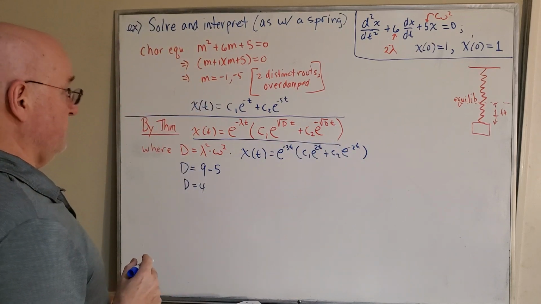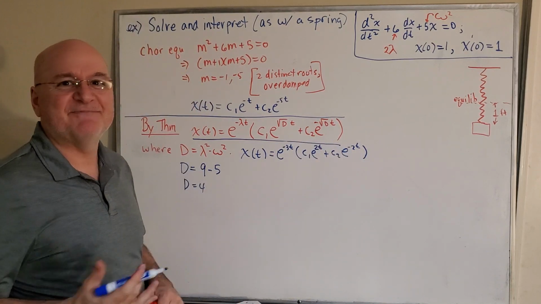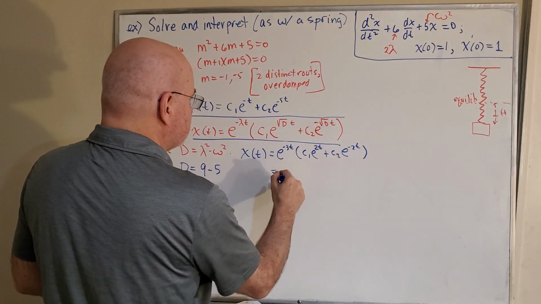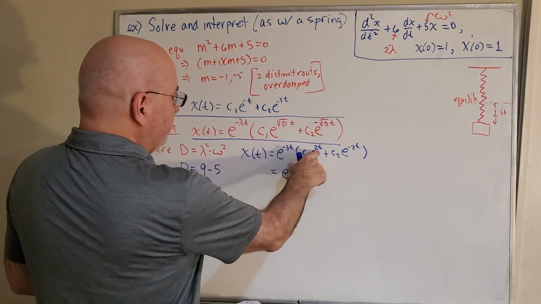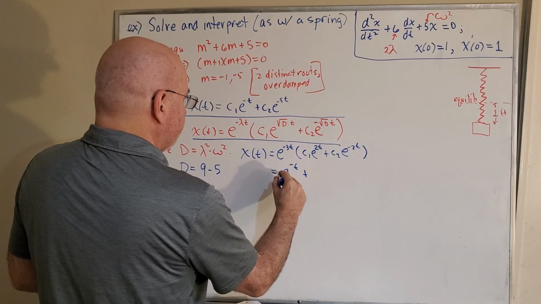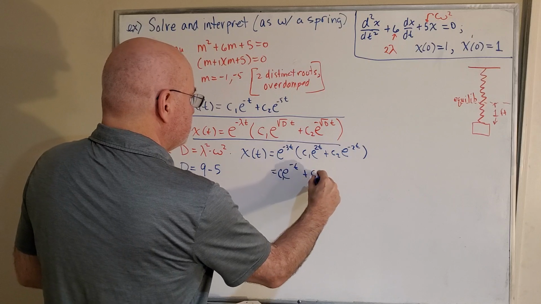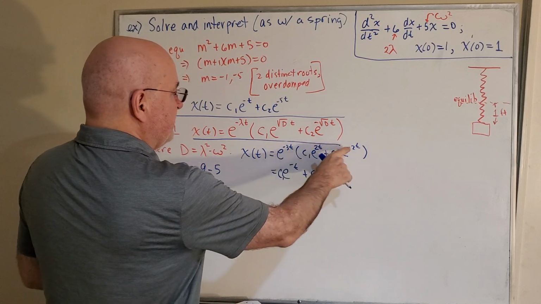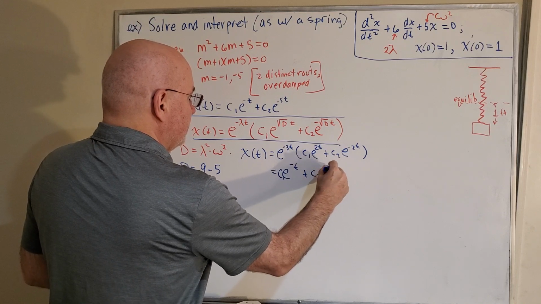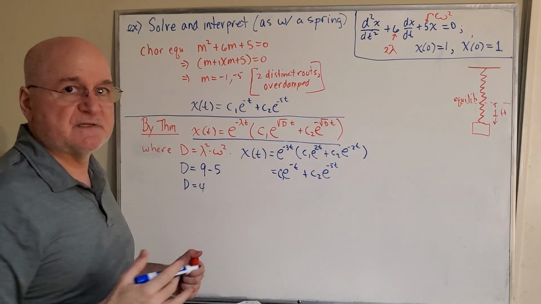So is the theorem right? Doesn't look the same, but if you multiply this through and add the exponents, we would get e to the negative 3 and 2 is a negative 1. I left off the c1. c2, e to the negative 3 times e to the negative 2, add negative 3 and negative 2, and you get negative 5t. So in fact, we do get the same answer.